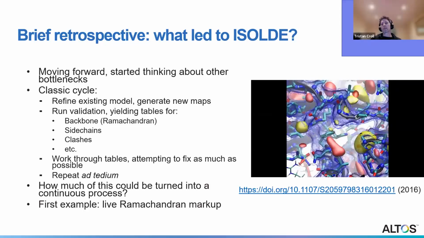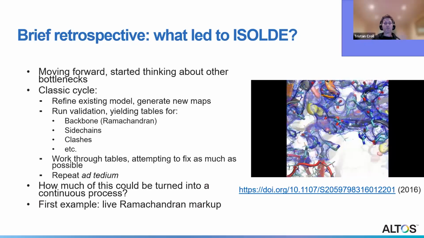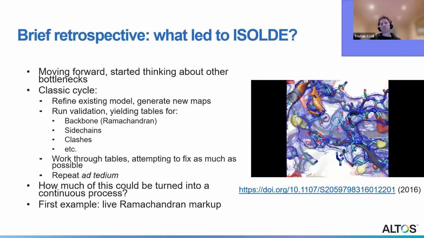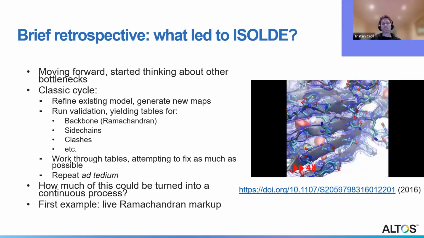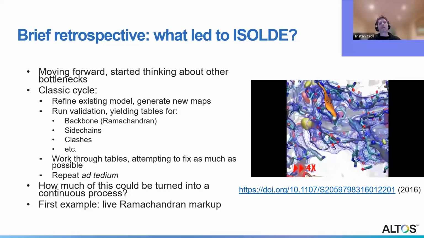And then you repeat, as the saying goes, you repeat ad tedium. A refinement is never finished, it's only abandoned. So you work until you decide it's good enough, or someone's going to beat you to the punch, or the pressure to publish becomes too much, essentially, and you decide, okay, I'm done, let's move on.